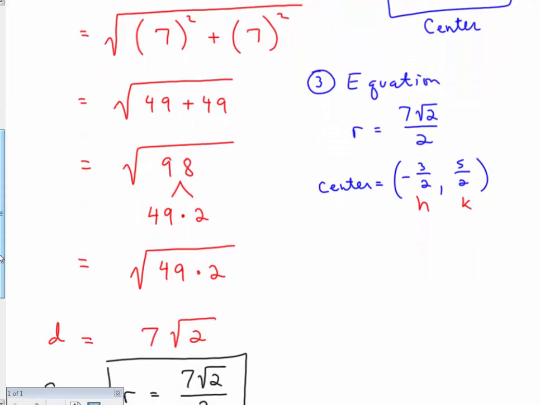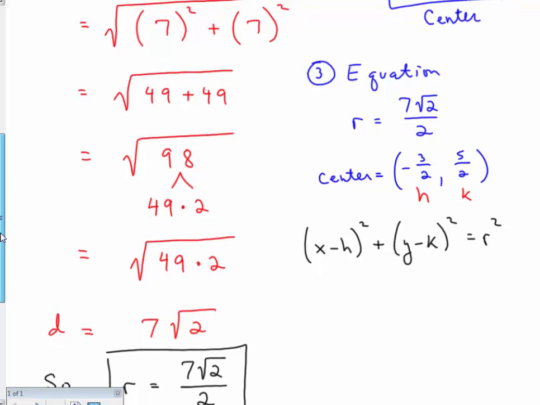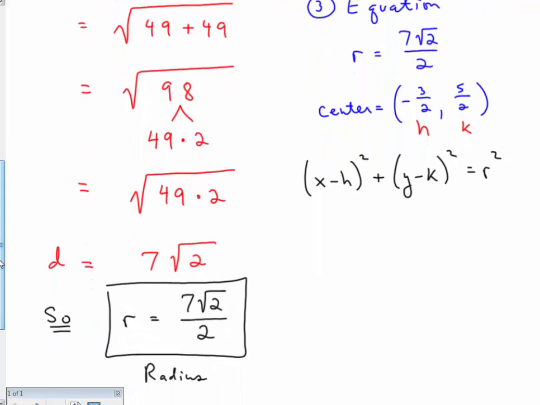Standard equation of a circle: x minus h squared plus y minus k squared equals r squared. And all we need to do from this point is to plug in what we know and then simplify our result.